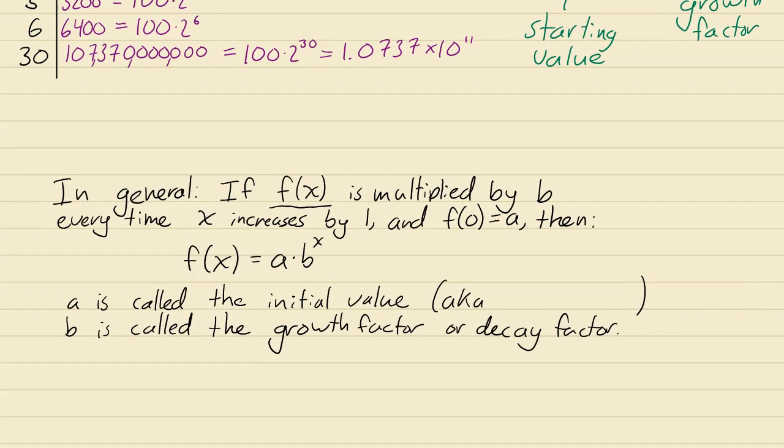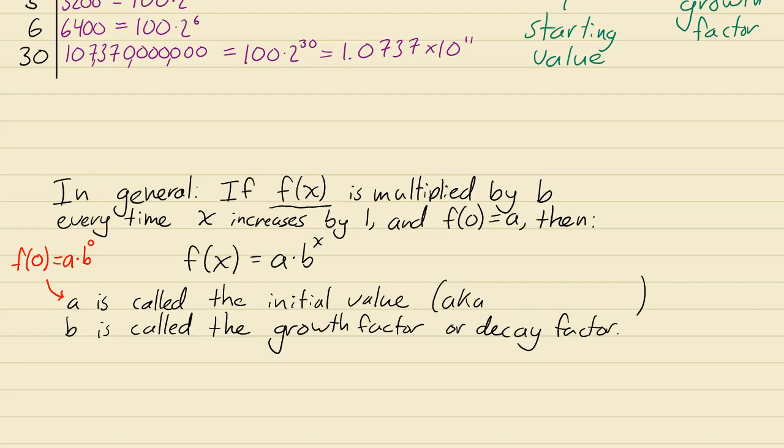And in this case, a is called the initial value or the starting value. It means the same thing. That's what you get when you plug in x equals 0. And let's just see why that works here. Because if you plug in x equals 0 into a formula like this, you're going to get a times b to the power 0.